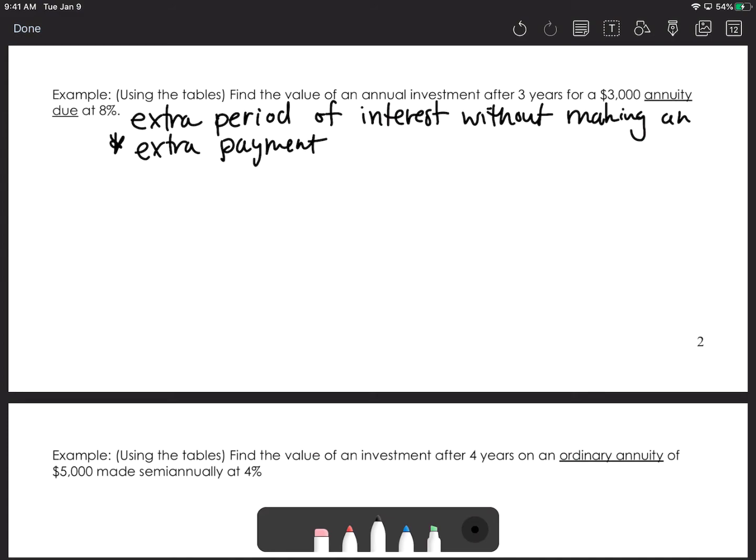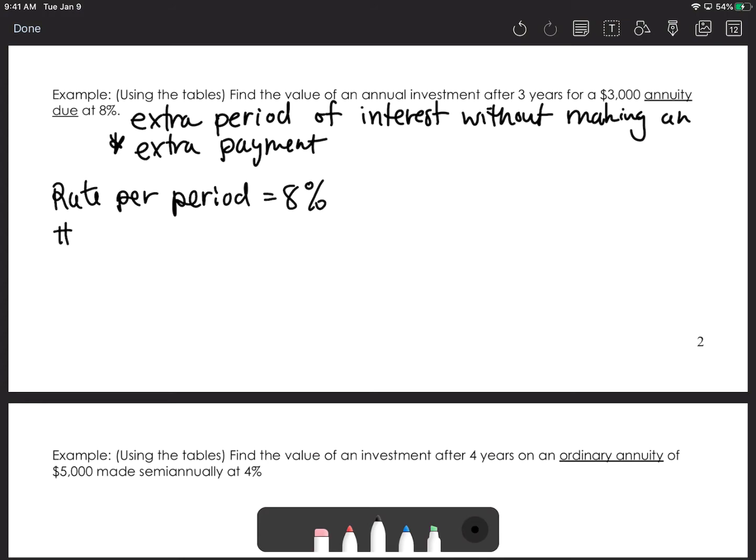So it says find the value of an annual investment of 3 years for $3,000 at 8%. So that means the rate per period is still going to be 8% because it's once a year. And so that 8% is going to cover the entire year.